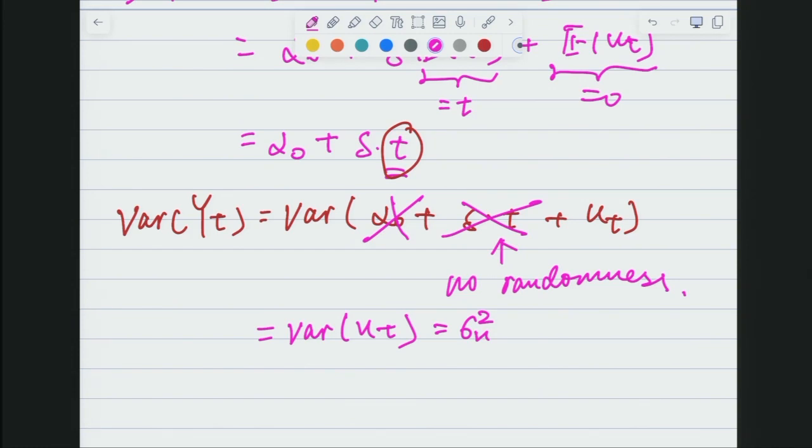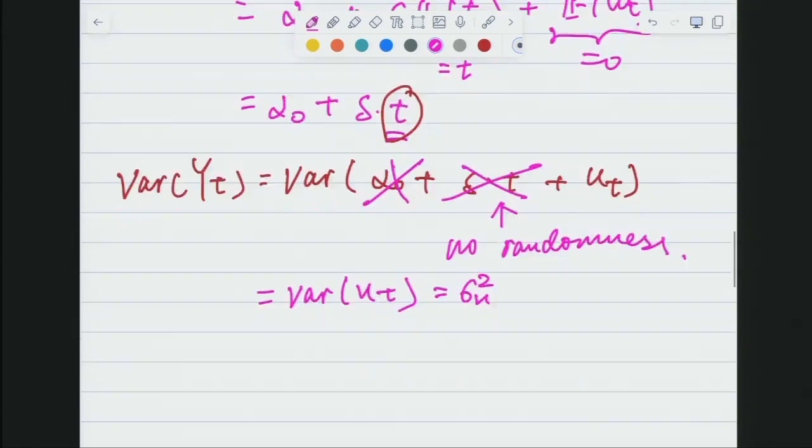And given the time-dependent mean, the mean is not constant, therefore it's not stationary. But this type of time series is called trend stationary. Essentially, it's stationary around the trend. Or another way to think about it is that we can achieve stationarity by subtracting the trend.